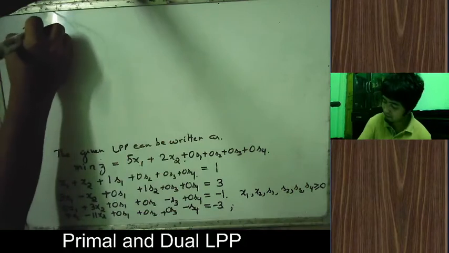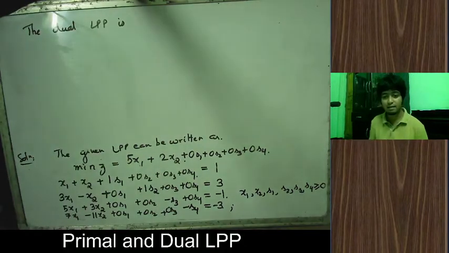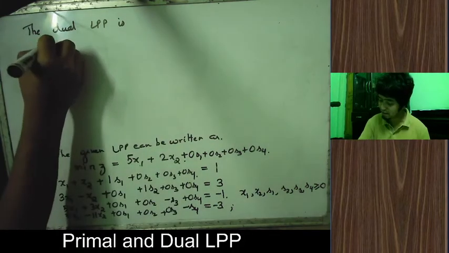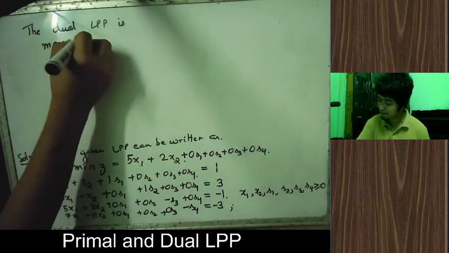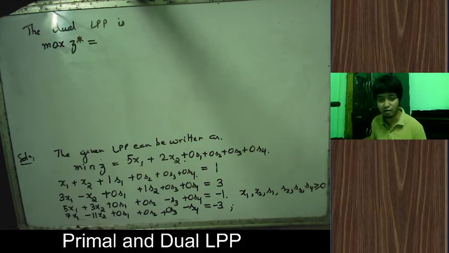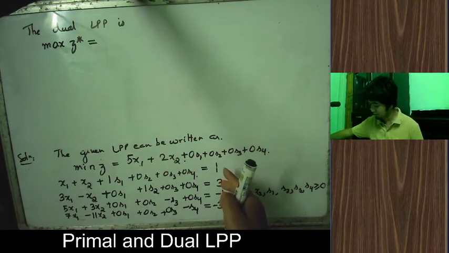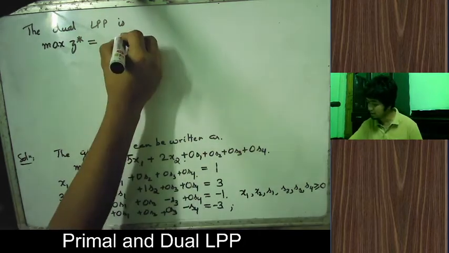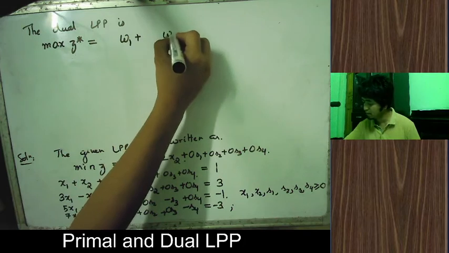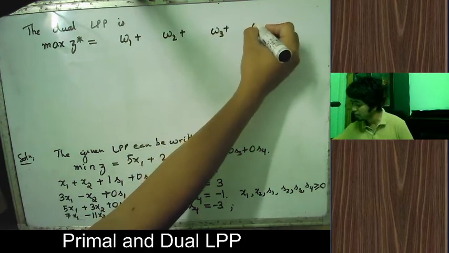The dual LPP is, because it is minimization, so now we'll change into a maximization problem. Maximize z star. How many variables will we be having now? It is based on the number of constraints. We are having 4 constraints, so we will be having 4 dual variables, w1, w2, w3 and w4.